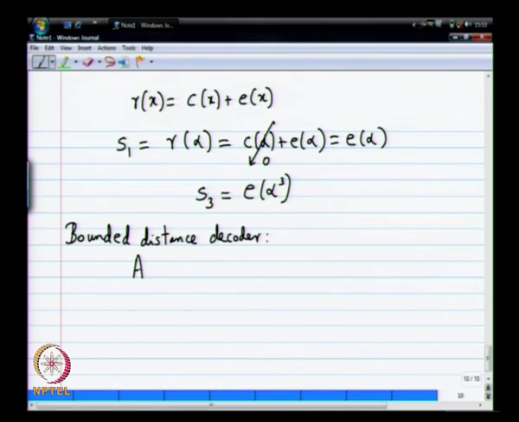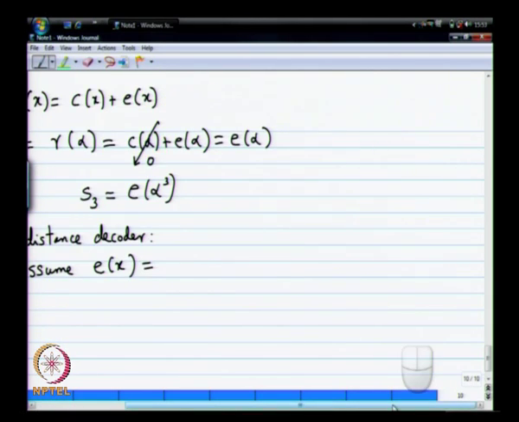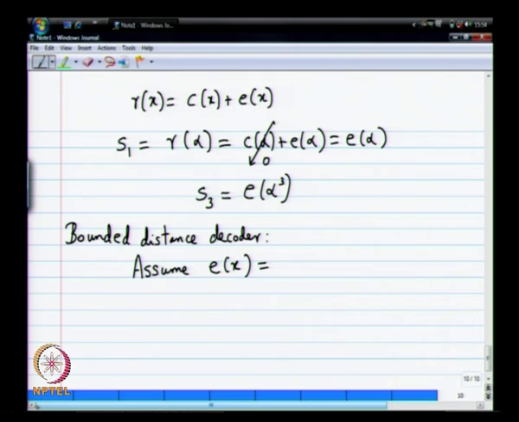So, if you do a bounded distance decoding, you can assume E of x has the form, let us say, x power I1 plus x power I2.